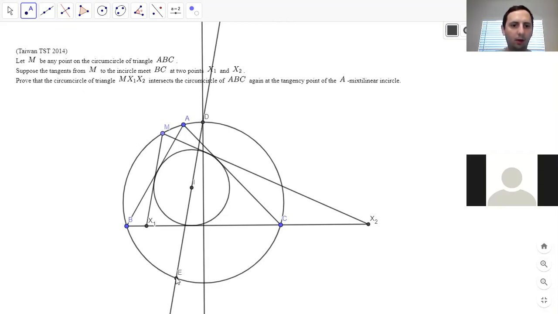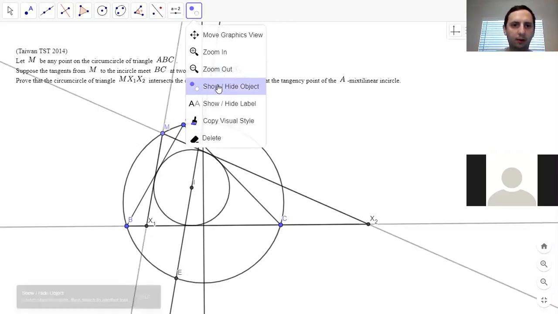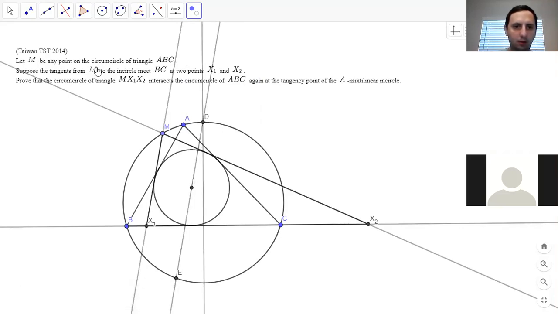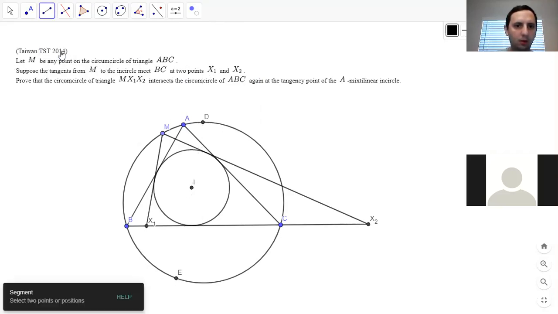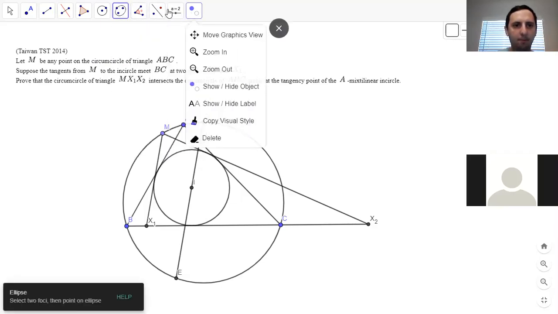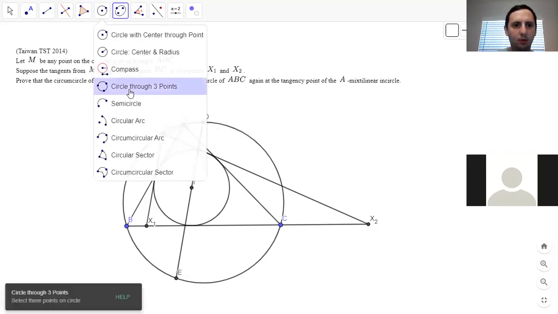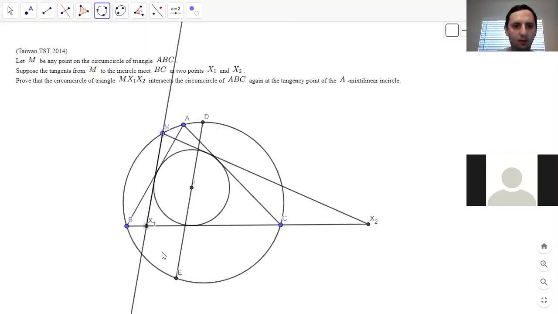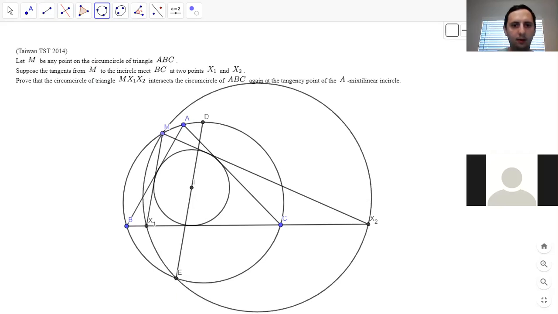So basically, we want to show that M, X1, E, X2 is cyclic. Let's check that that's true. Yes. So that's what we want to prove.